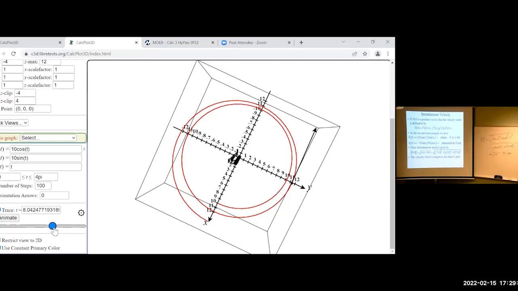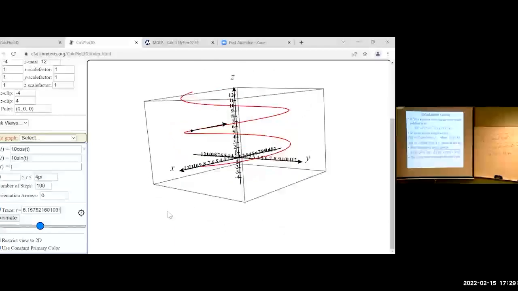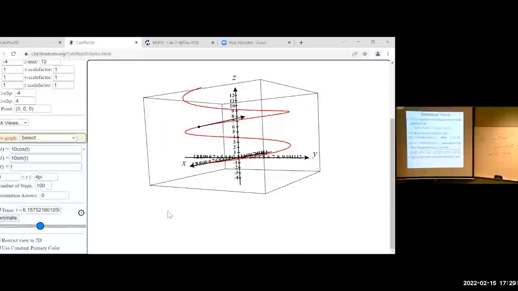The direction, which is why velocity is not constant, but the speed is. Again, making that differentiation between the two, right? It's really cool that we can actually see this happening. That vector is not changing size. I didn't even put in a space curve for that vector. This is actually pre-built into CalcPlot 3D. So we have a changing velocity.